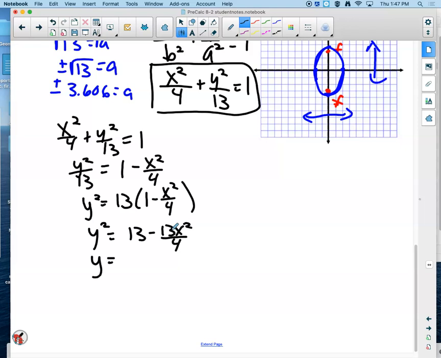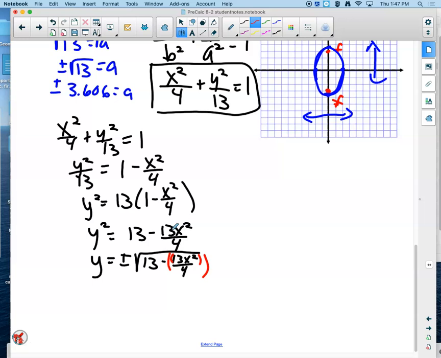And finally, we'd take the square root and get plus or minus the square root of 13 minus 13x squared over 4. Now, this is one of the reasons I typically don't like putting these into the calculator, because we have more than one term in our numerator here. This is going to require a square root, and we're also going to need double parentheses there to get everything to work out the way we want it to.